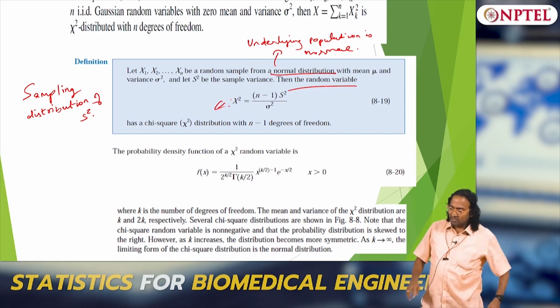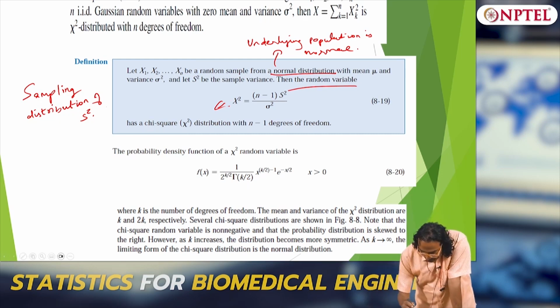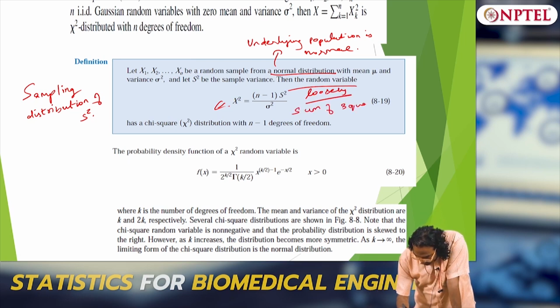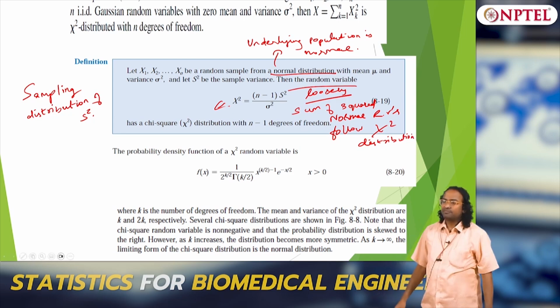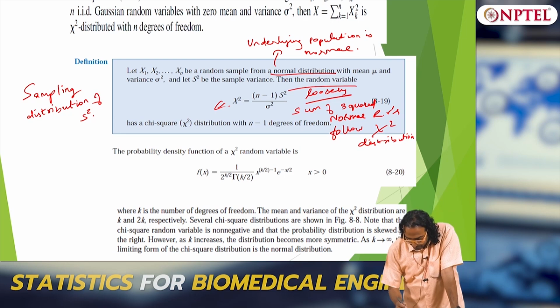So what are we saying? Loosely speaking, a sum of squared normal random variables follows the chi square distribution, with n minus 1 degrees of freedom, because you have used the mean in your calculation.